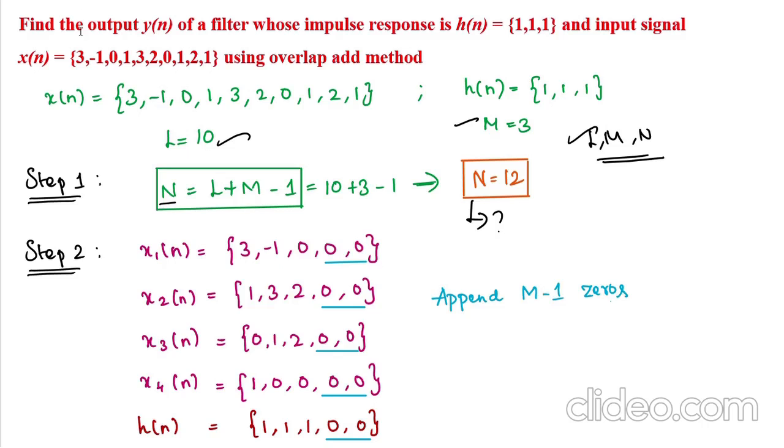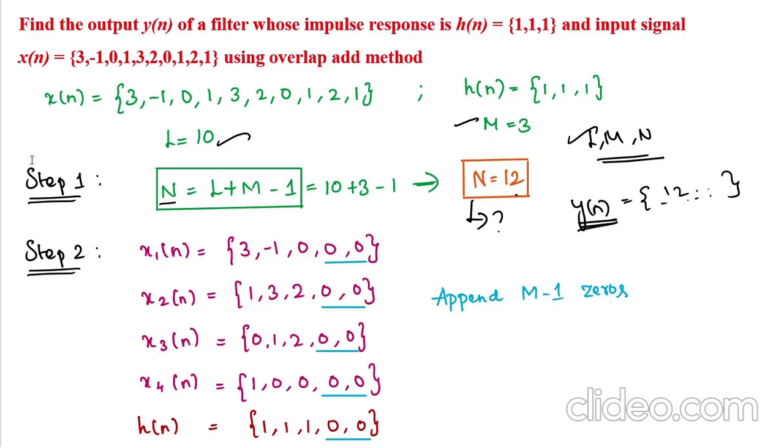The question is to find the output y of n of a filter. So your ultimate aim is to compute y of n. This y of n length is 12. That is, the output will have 12 terms. So this is what L, M and N mean. This is step 1.